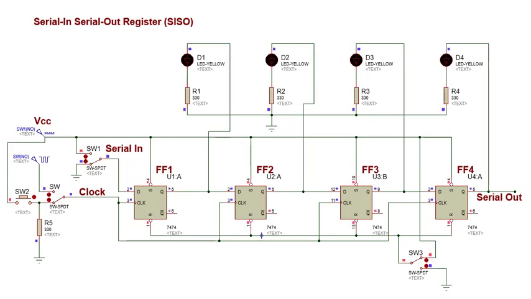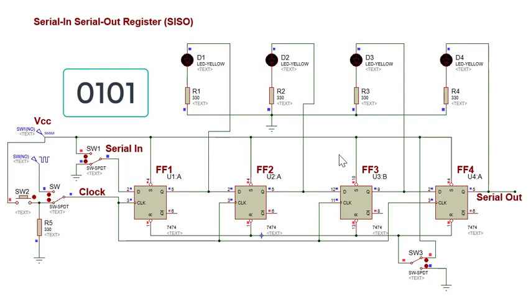First, let us initialize the outputs by making sure all flip-flops are cleared. This can be done by switching SW3 to ground or down position and then switching it back to up position. Notice no LED is lighted at this time to indicate all 4 flip-flops are cleared. Let us assume that our 4-bit serial data is 0101 and is inputted from right to left, 1 being the first data bit.